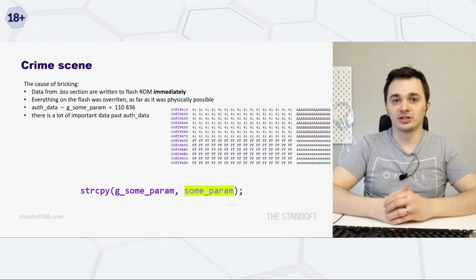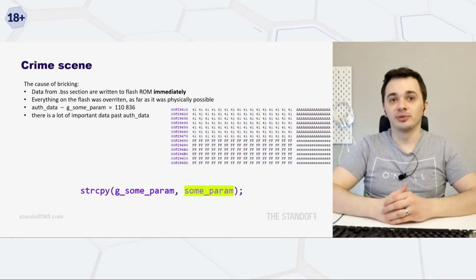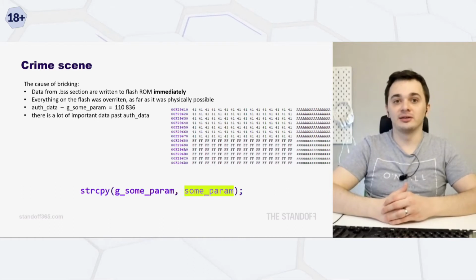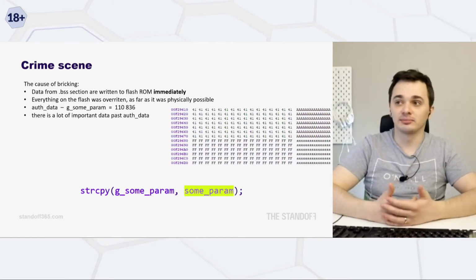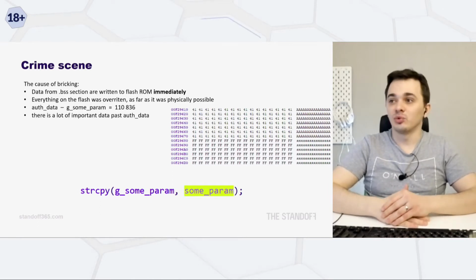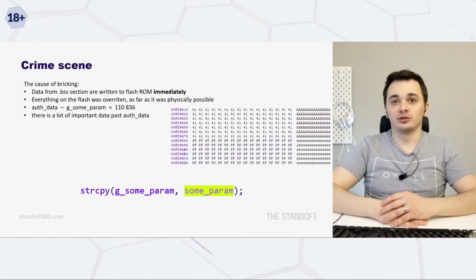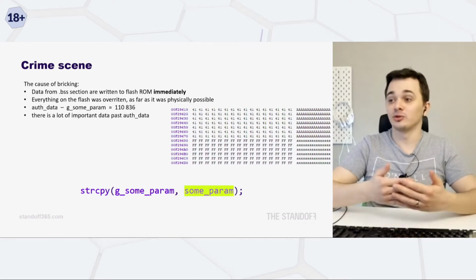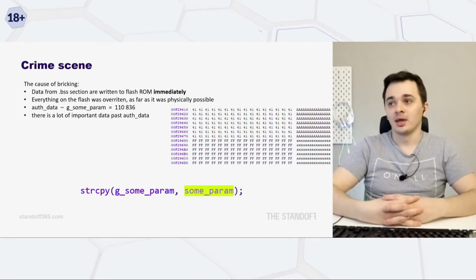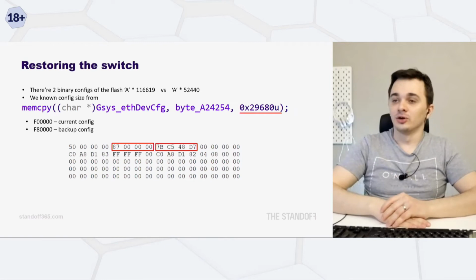This is why I had issues with authentication, because all this authentication data, usernames, password hashes, access rights, were all rewritten. We had trash written over them. And as we realized, even after authentication data, there was a lot of other important data regularly used by the firmware, and all this data was also written over.